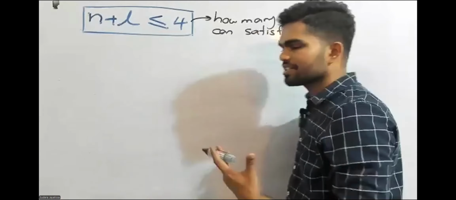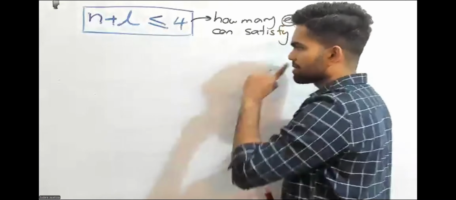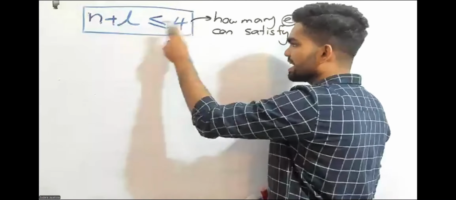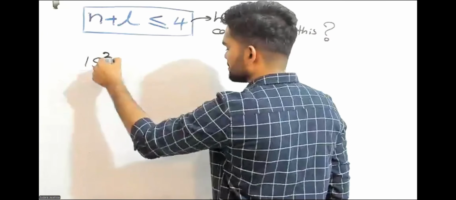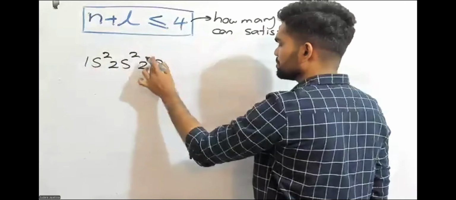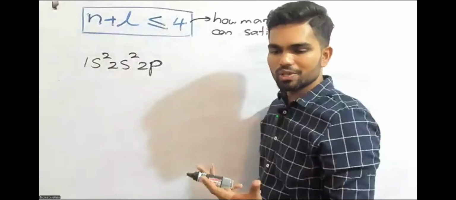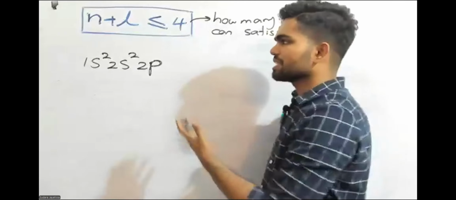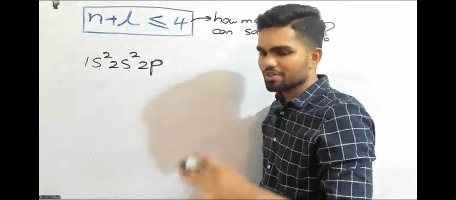It's not about some element, just write the configuration as you understand. It should be less than or equal to 4, so you have to give the electronic configuration at least up to the 4th energy level. Don't write the 5th energy level, it's not going to be useful. Why? Because n plus L should be less than or equal to 4. So let's write only up to the 4th energy level.